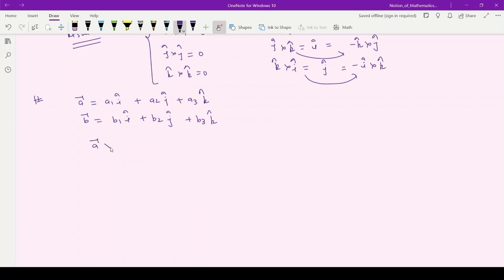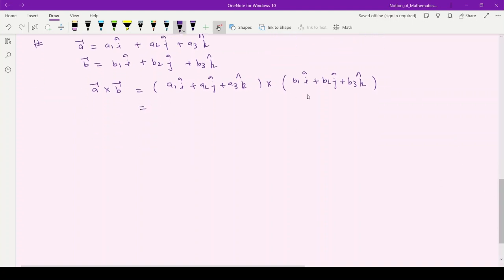I am interested in the cross product of these two vectors, that is A1 I plus A2 J plus A3 K cross product with B1 I plus B2 J plus B3 K. Now, how may I write it? I can take this whole term with this first, then this, then this.